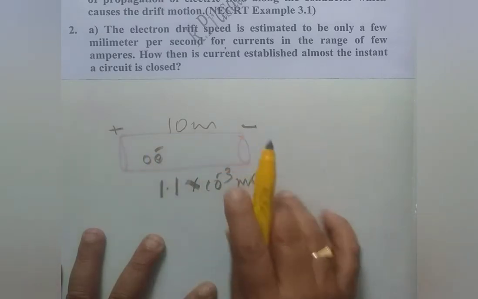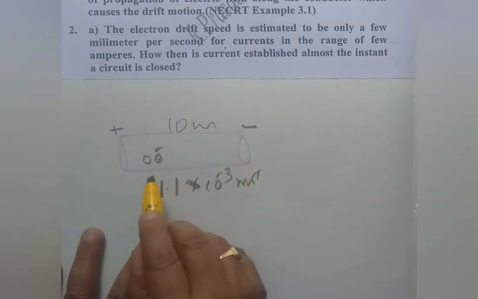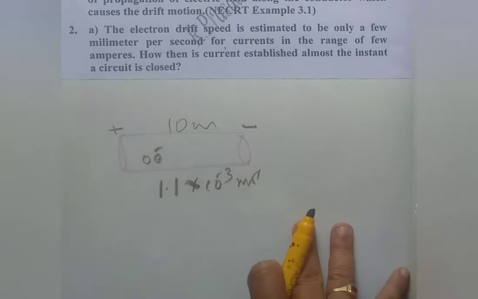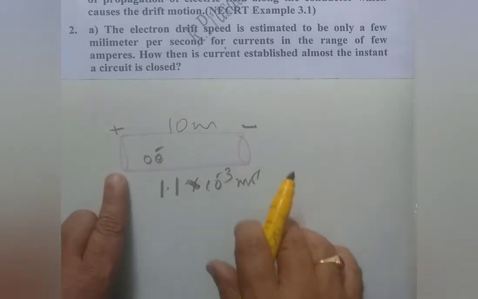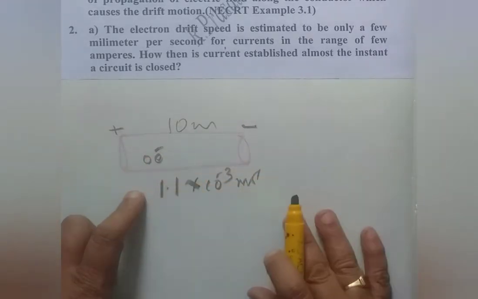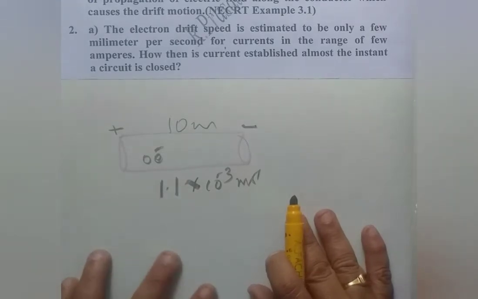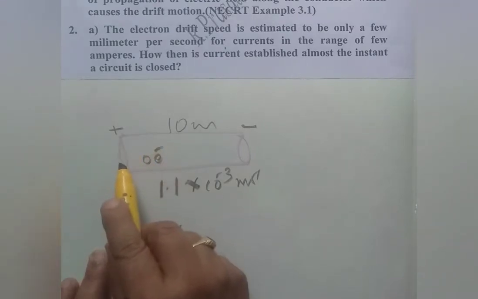as soon as we create an electric field, it travels with almost the speed of light, 3 into 10 raised to 8. And not only that, the free electrons are very large in number, around 10 raised to 28 in copper. The electron at the negative end does not have to travel all the way to the other end, because at each and every location inside the conductor, free electrons start drifting.